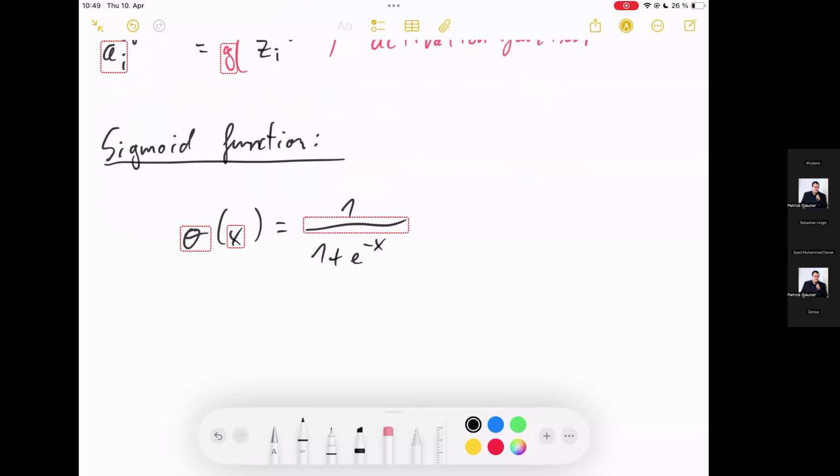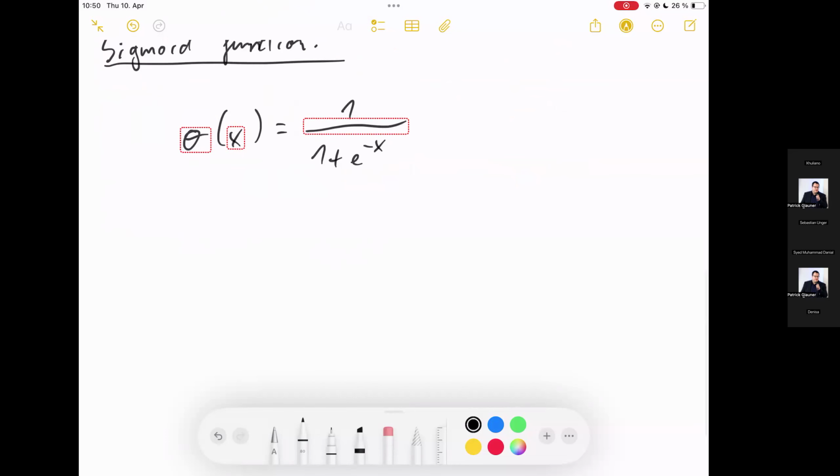And we can try to plot this sigmoid function and see what it does. X and y. And this is 0, and here we have 1. Actually, just put 0 here, then it's consistent.